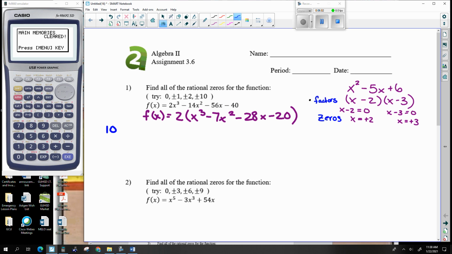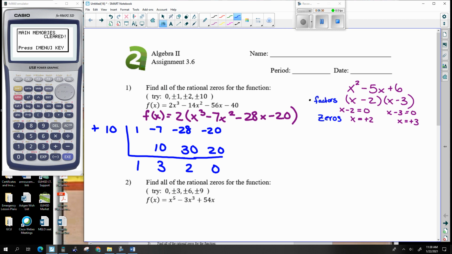I'm going to synthetically divide with 10, because grouping won't work here. So I have 1, -7, -28, and -20, and I'm trying +10. I drop the 1, multiply, add, which is +3, +30, +2, +20, 0.